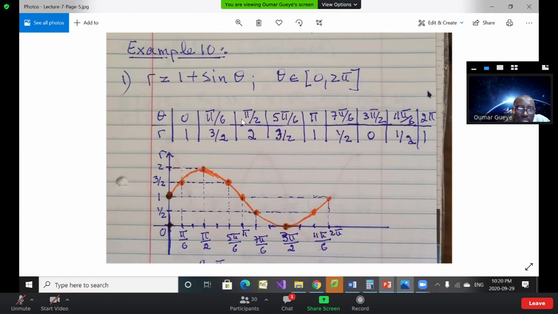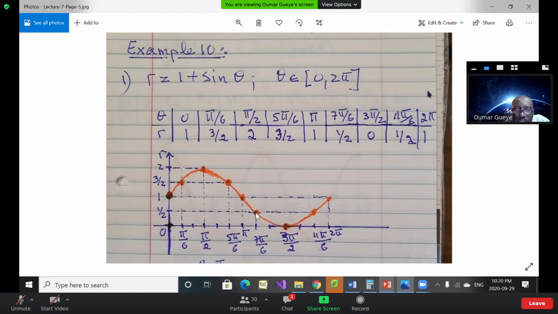The third point. And the fourth one is this point. Again, you get 3 by 2 for theta equal to 5 pi over 6. And theta equal to pi, the fifth point is going to be at 1. And when theta equals 7 pi by 6, it's going to be this point here.